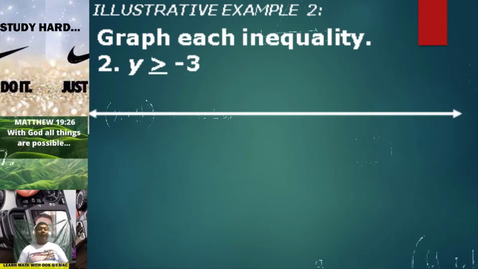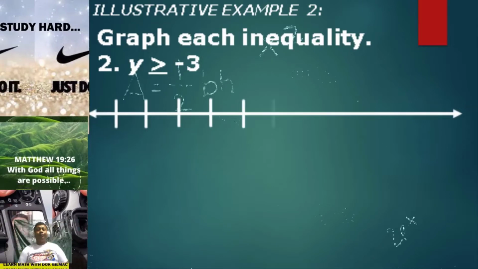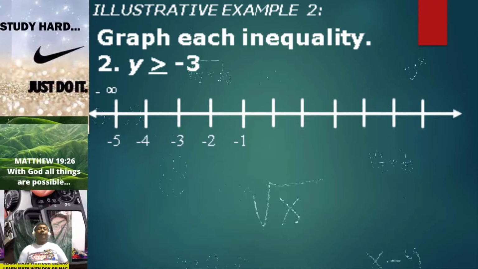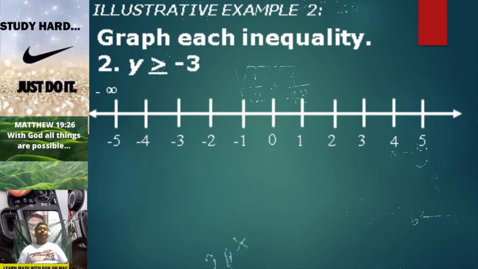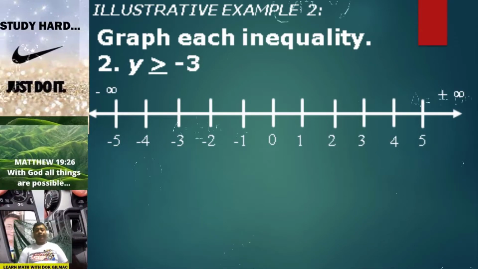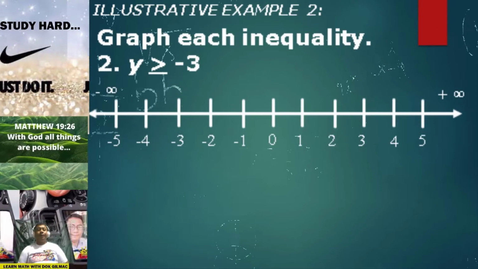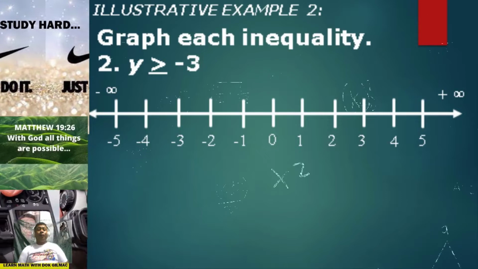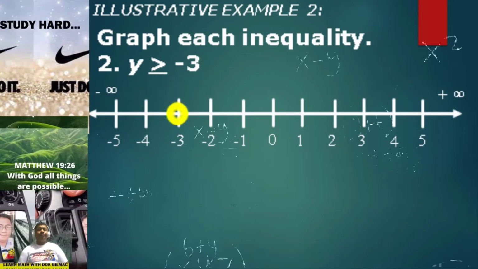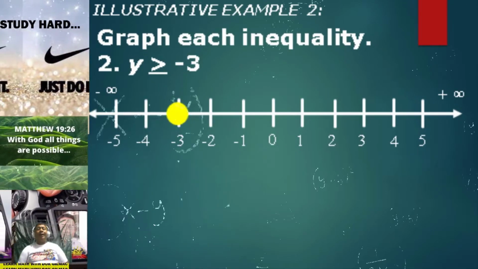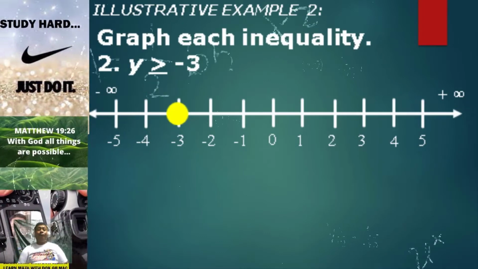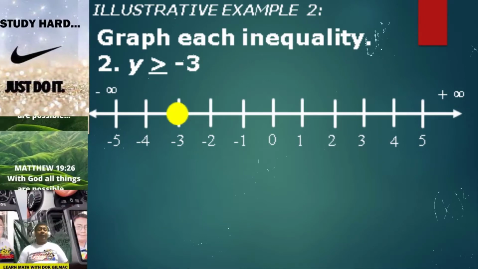Consider the number line here from negative infinity up to positive infinity. Let's draw a closed circle to negative 3 and a line to the right of negative 3.